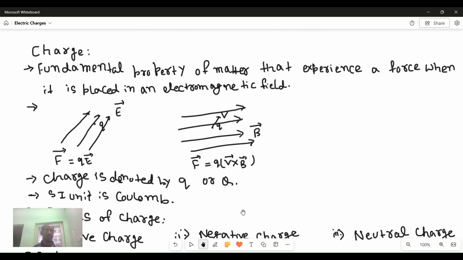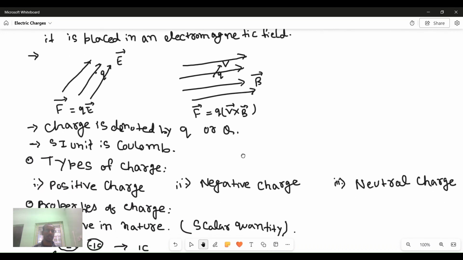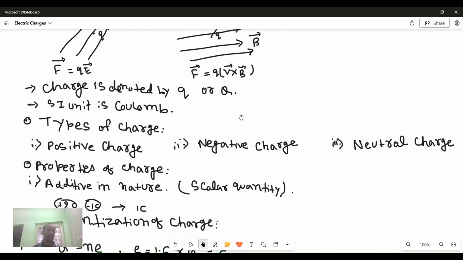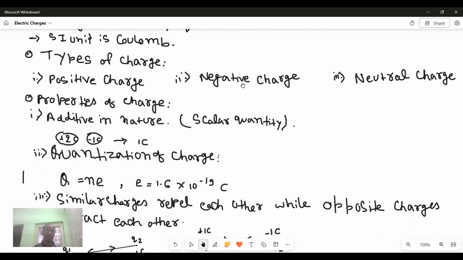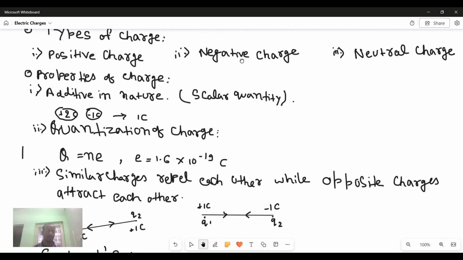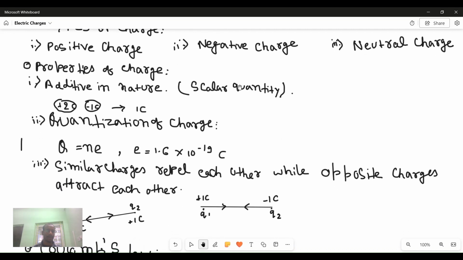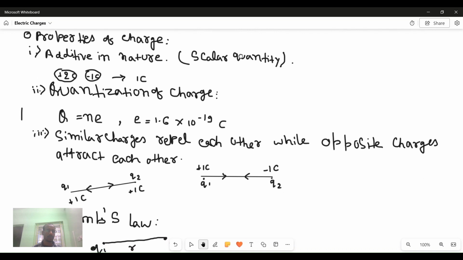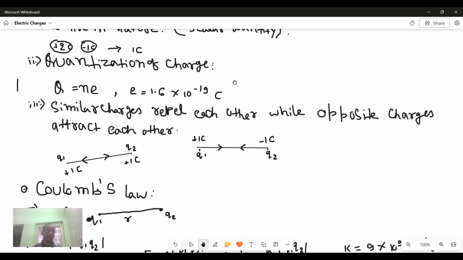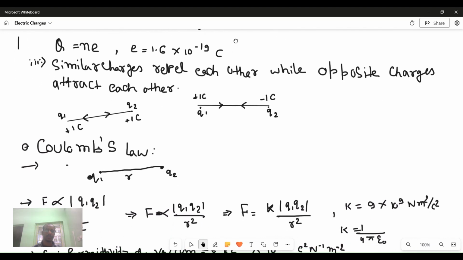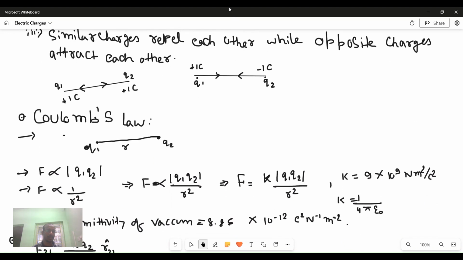Charge is a fundamental property of matter that experiences a force when placed in an electromagnetic field, and charge is denoted by Q and its SI unit is coulomb. There are three types of charge: positive charge, negative charge, and neutral charge. Properties of charges: charge is additive in nature, charge is quantized, and similar charges repel each other while opposite charges attract each other.